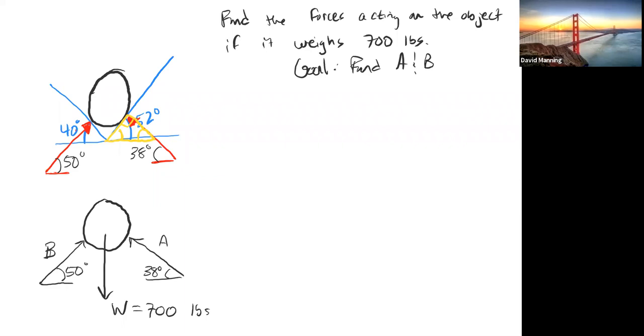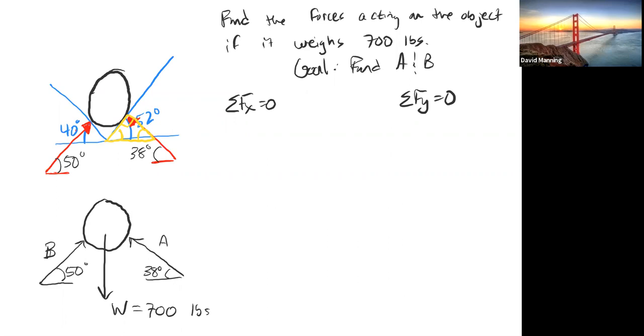Now remember from algebra, we have 2 unknowns. How many equations can we have? 2. Good, class. So our 2 equations: sum of the forces in the x equals 0 and sum of the forces in the y equals 0.